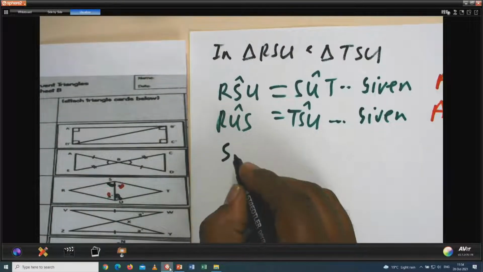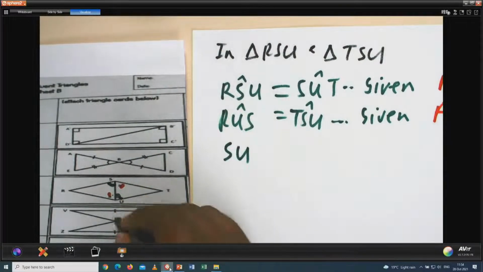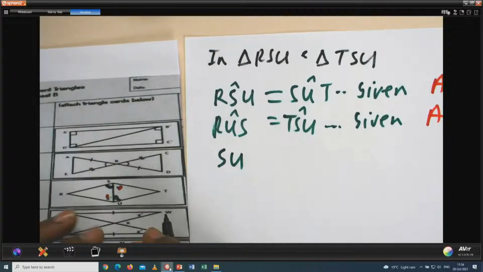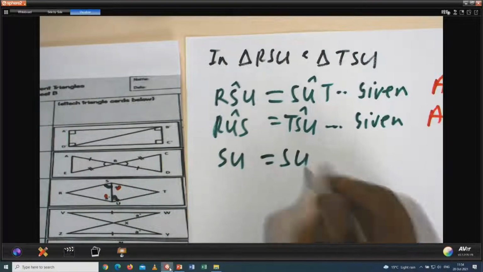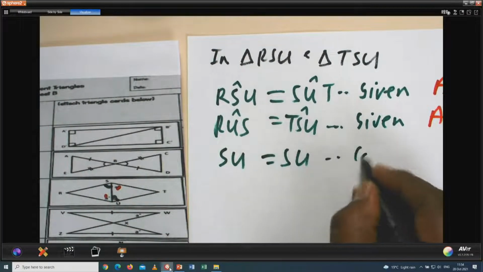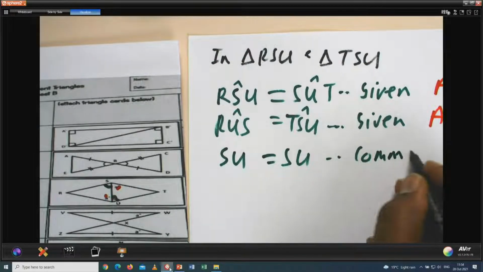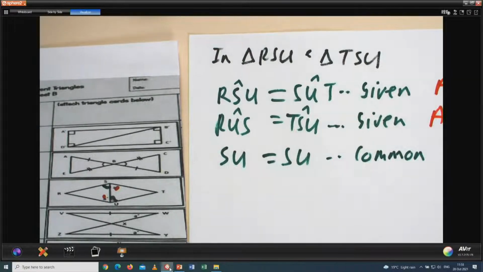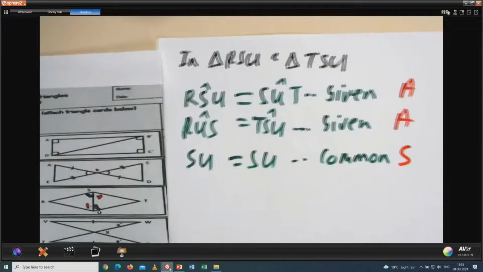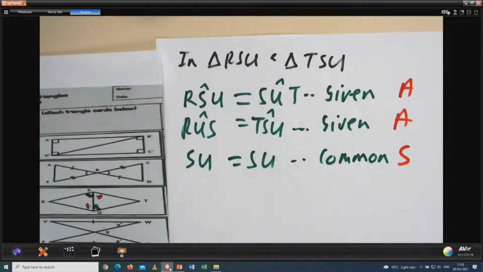So side SU on this triangle is the same side. That's why we say it's common. Therefore, there you are, ultimately a side. You've got your 3 conditions now.